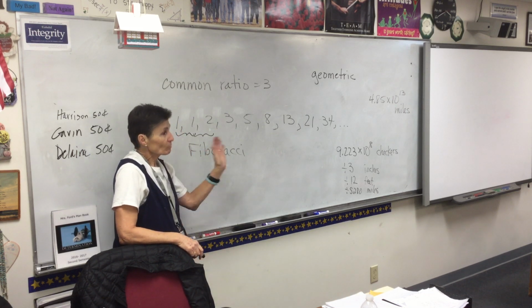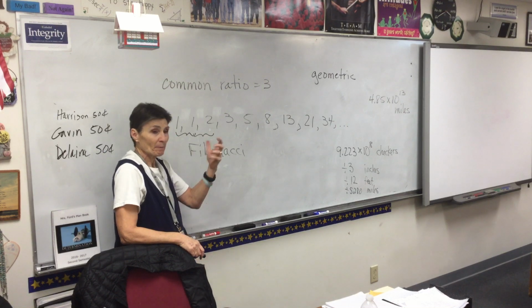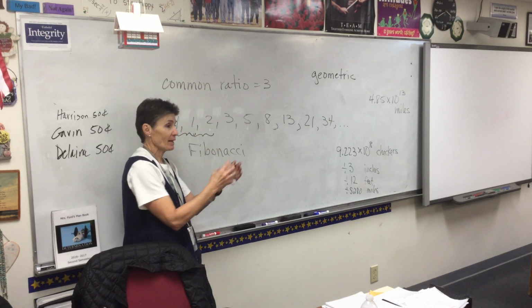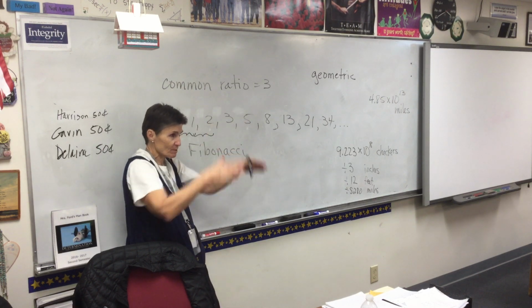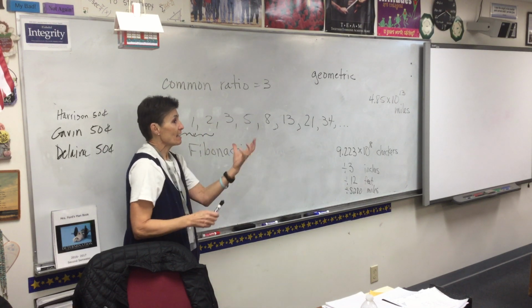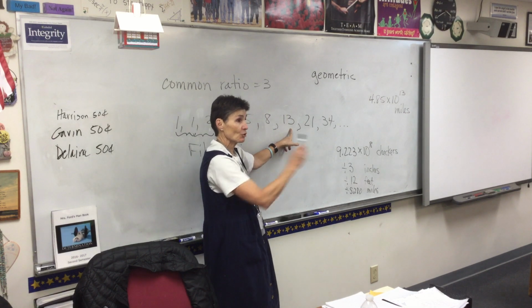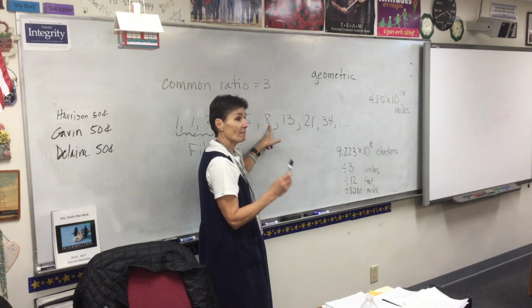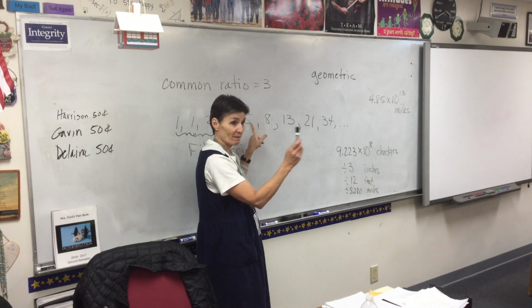The next time you're out tromping around the woods, pick up a pine cone. Pine cones have a Christmas tree shape, they have these kernels. If there are 13 kernels in the bottom level, the one above it will have 8. The one above that will have 5.